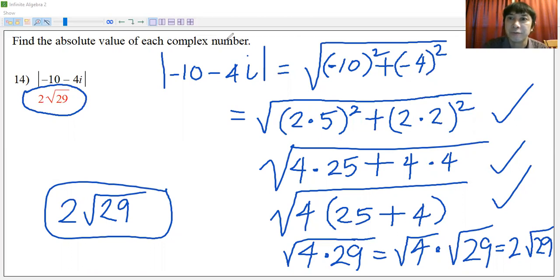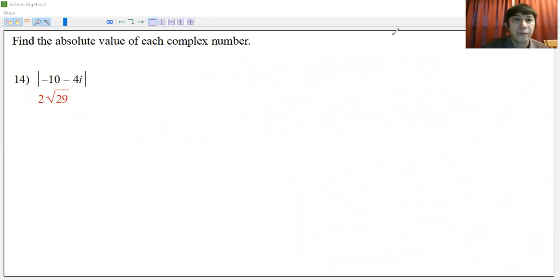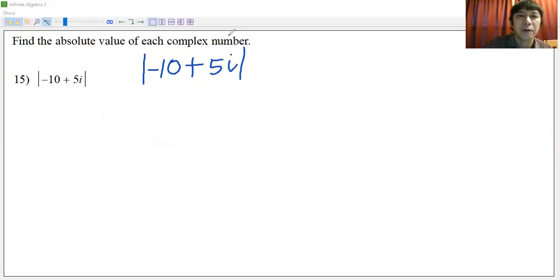Let's continue with number 15. Let me just clear the screen. Here's number 15. Find the absolute value of each complex number. Okay, we have the given. You have the negative 10 plus 5i. This means the square root, okay?